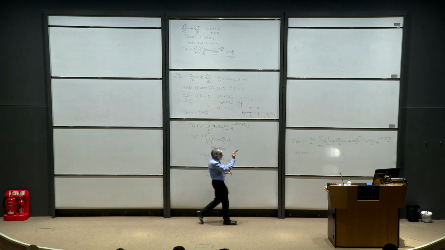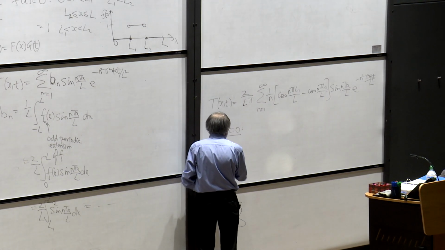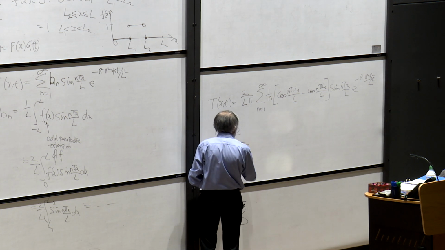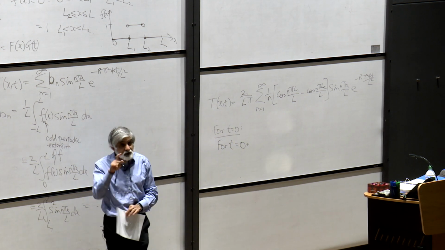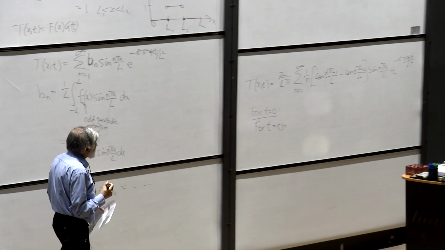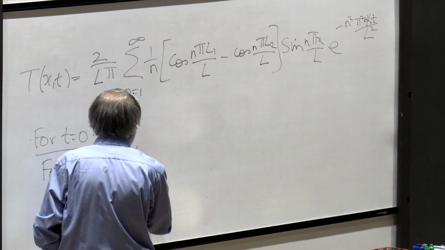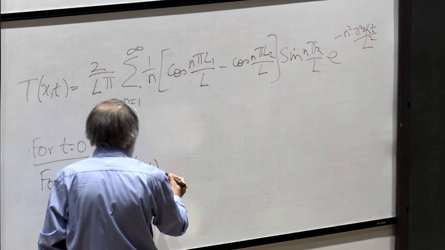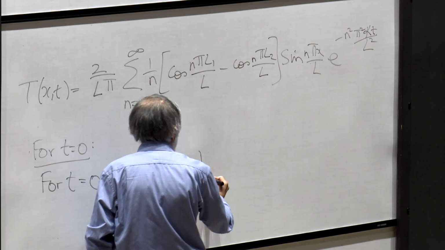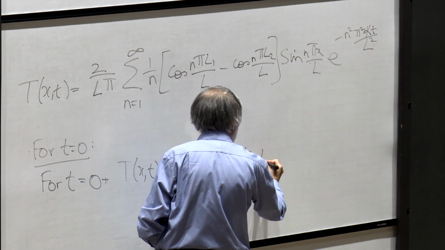Now if we were to plot this for t just slightly bigger than 0, and this is done in the notes, and something you might want to do yourself, what you will see is that T of x,t is immediately bigger than 0 for all x that lie in (0, L).